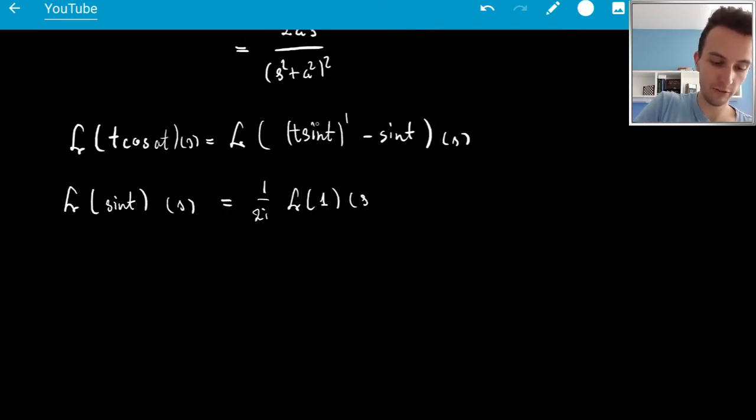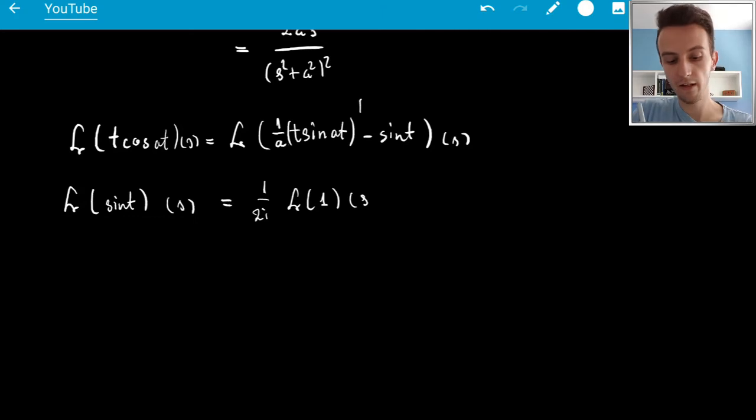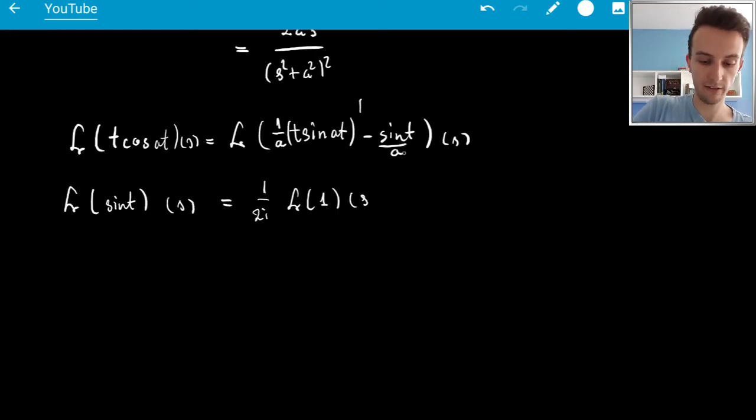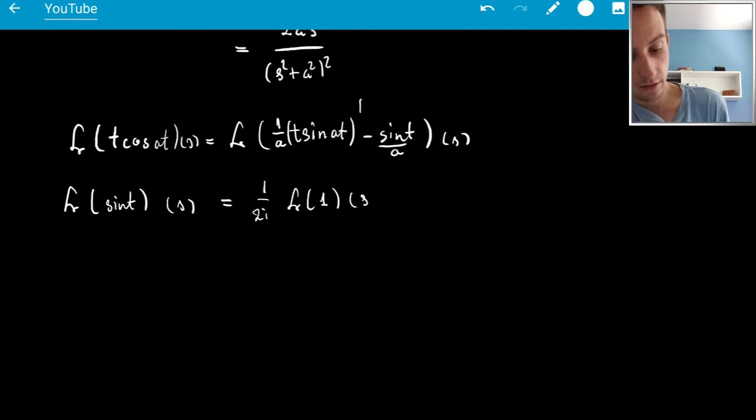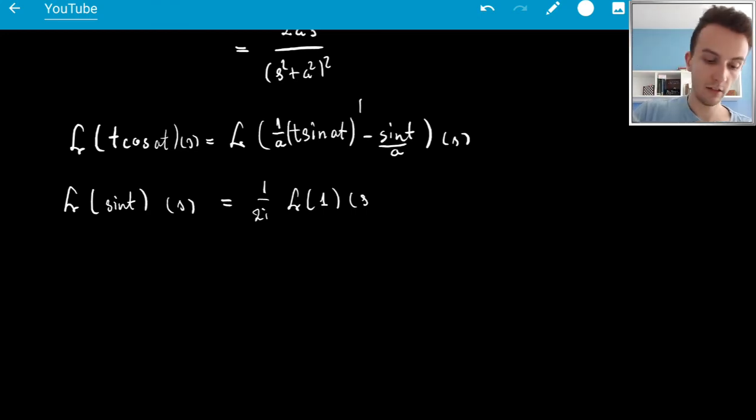So then I have to be careful with the derivatives. (sine at) prime, and when I take the derivative and get cosine, I'll get an extra a, so I need 1 over a. And the sine t also has a 1 over a. So sine at over a, plus t cos at. Yeah, that's good.